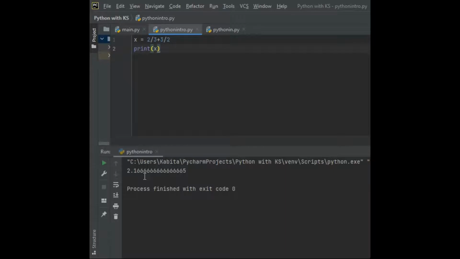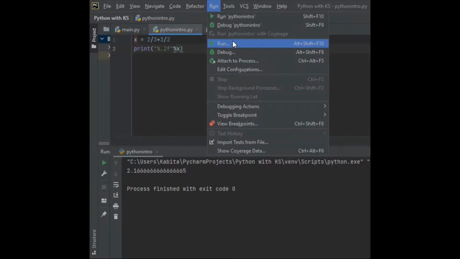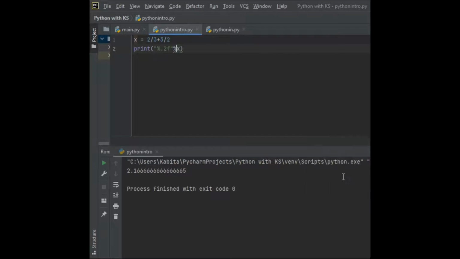If you would like to take the printout of this result up to 2 decimal places, then in the code, percentile point 2 F percentile X. See here, it is 2.17, so we have got up to 2 decimal places.